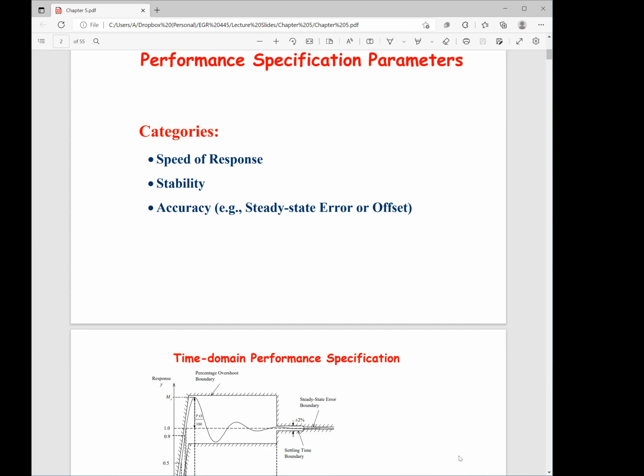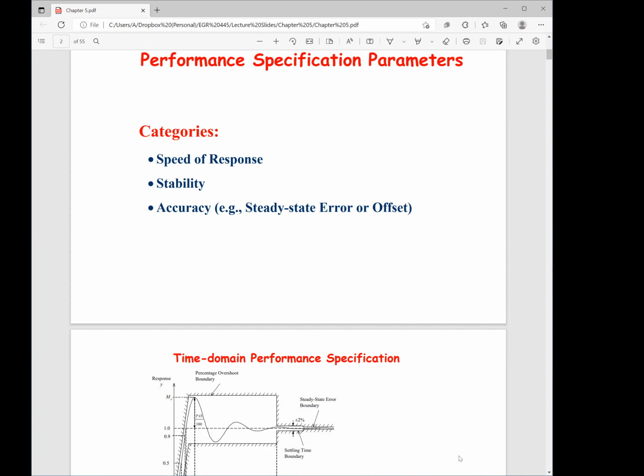So even though we say stability is desired, in certain cases we want the system to be mildly unstable so it can respond very quickly.